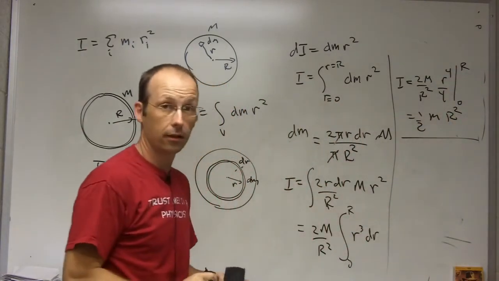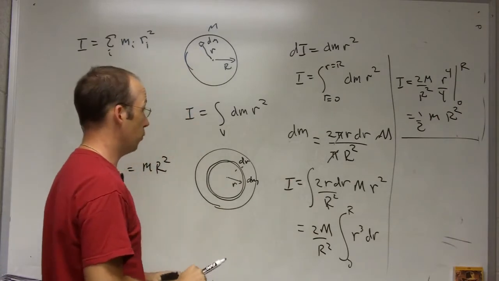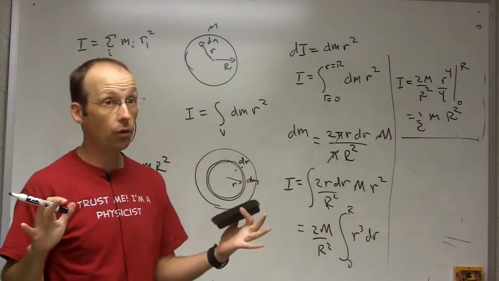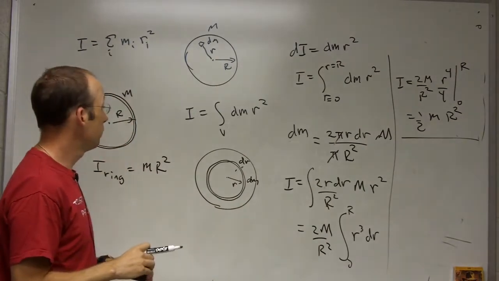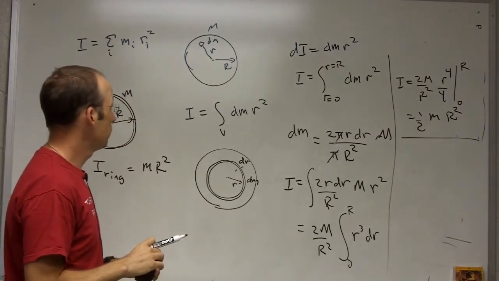Boom. That's it. That's the moment of inertia of a disk, 1/2 mR squared. It doesn't depend on the thickness of the disk. Okay. Happy?